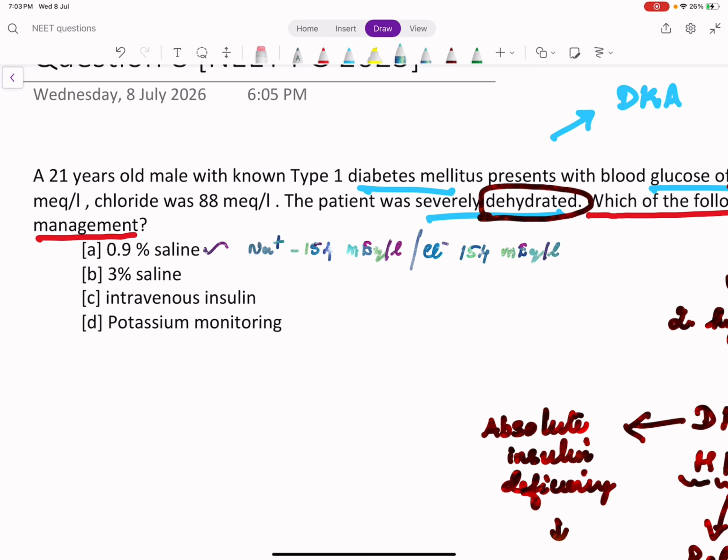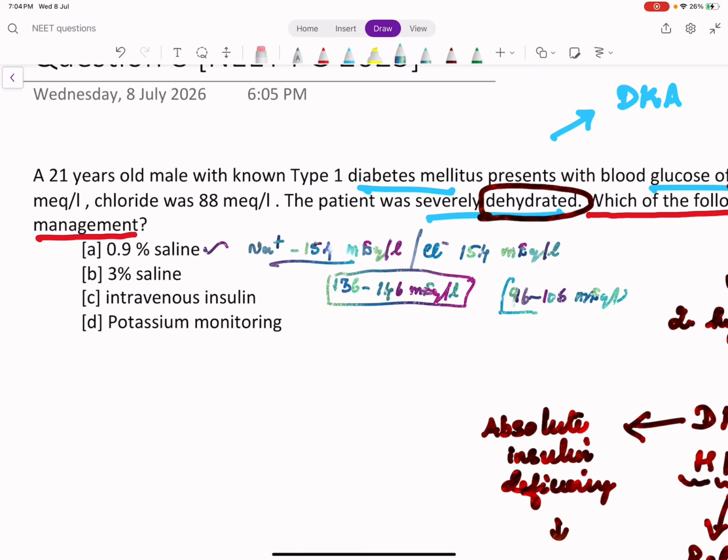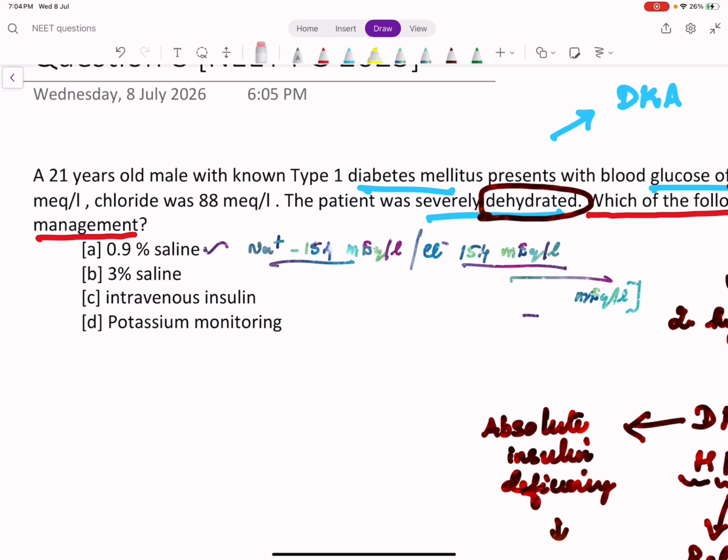Even though it is called normal saline, it is not normal because the normal sodium value in our blood is 136 to 146 milliequivalents per liter. The sodium value of normal saline is high. The normal chloride in our body is 96 to 106 milliequivalents per liter, whereas in normal saline it is 154 milliequivalents per liter. So it is very high compared to our bodily value, but it is still called normal saline.